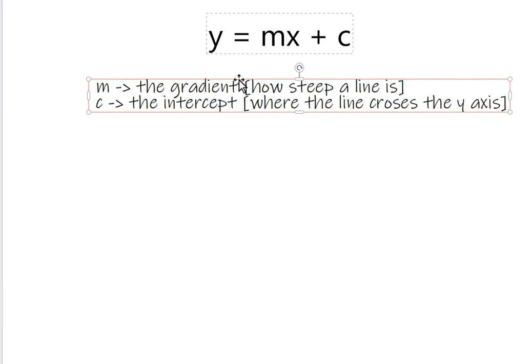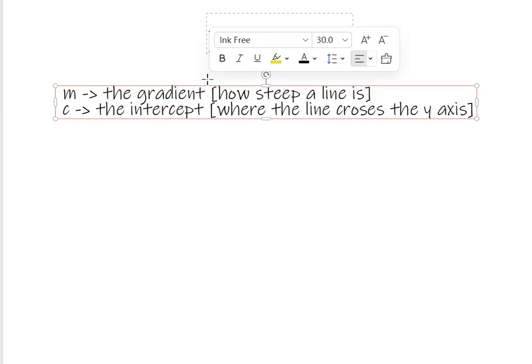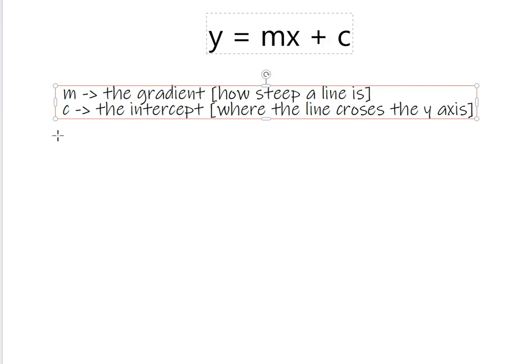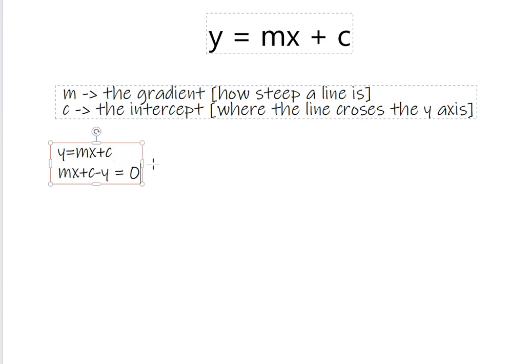And that you need to know. Also, you might ask, why don't we use something like mx plus c minus y equals 0, or maybe y minus mx minus c equals 0?